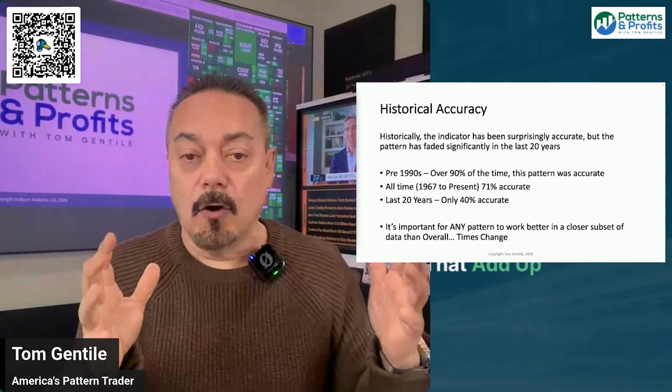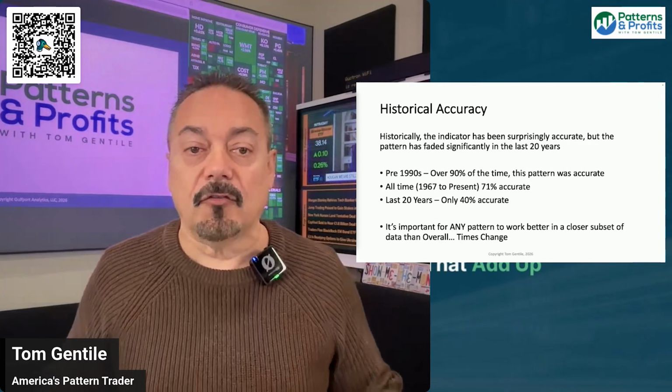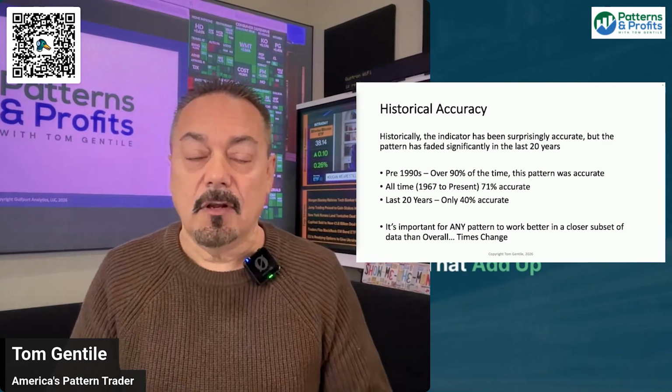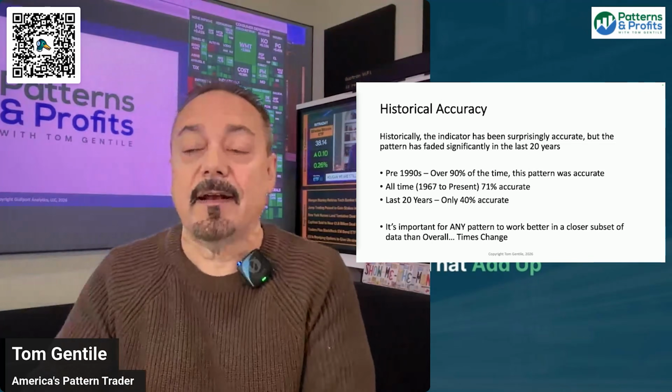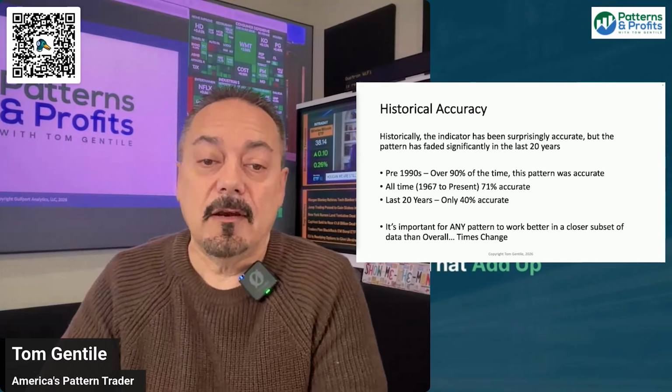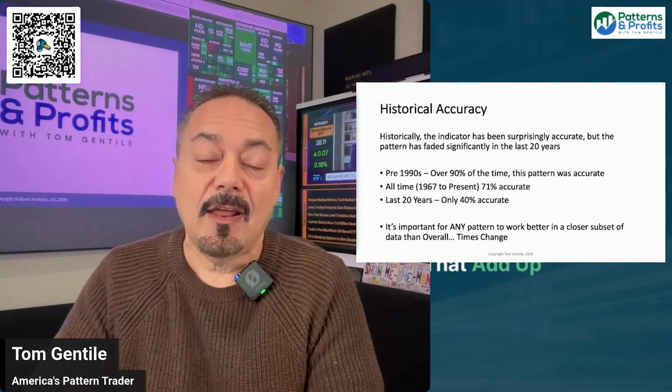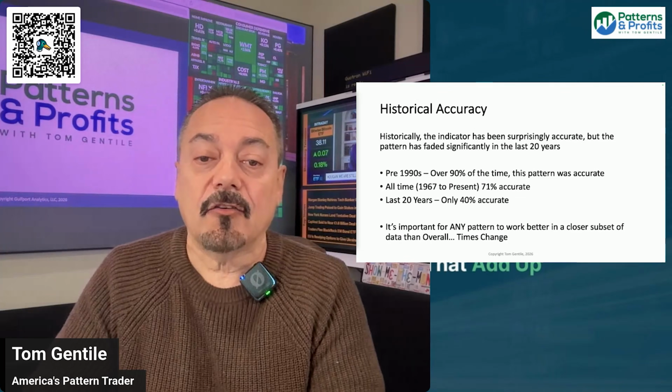But in 1978, we're talking about 13 years of data that had gone through since then. So the pattern was clearly at least 10 years of data going forward. I think if you go outside of 20 years of data, you're doing yourself a disservice, because things change. You need a closer subset of that data. So that's why the last 20 years, to me, are the most important, and why the accuracy has fallen off quite a bit from this particular strategy.